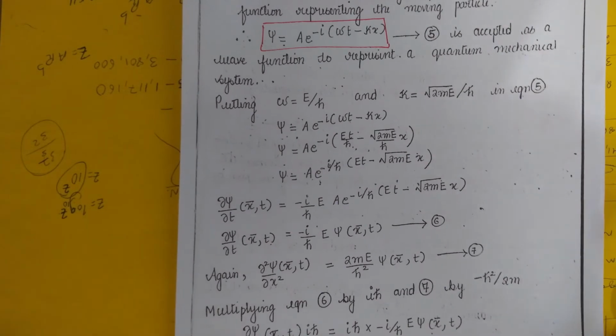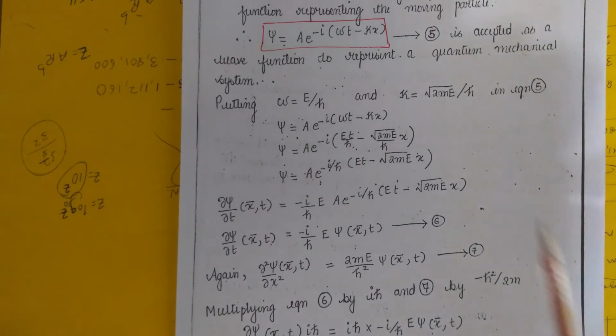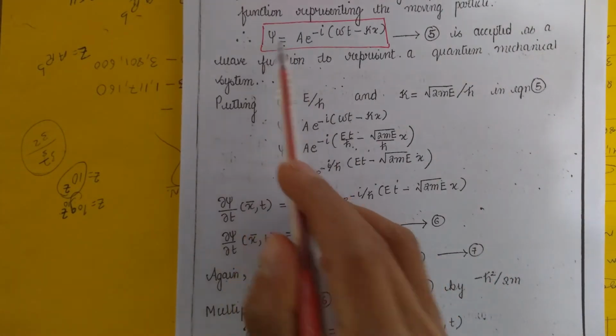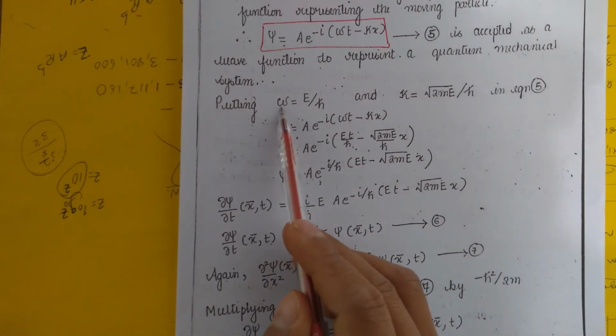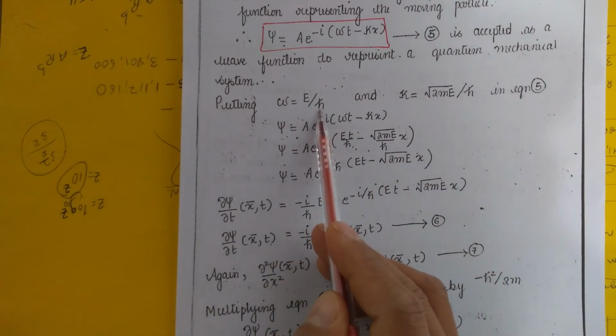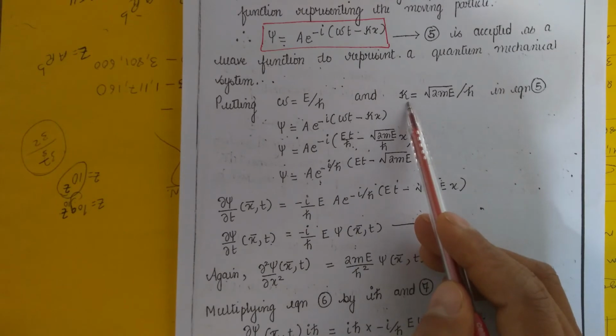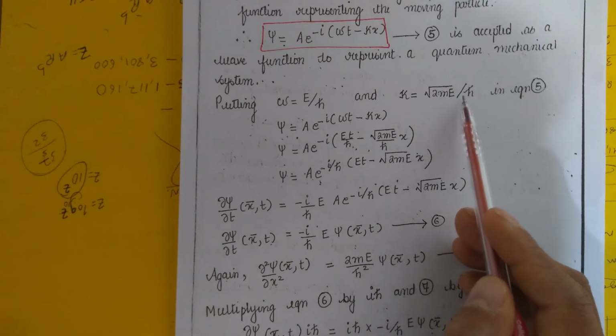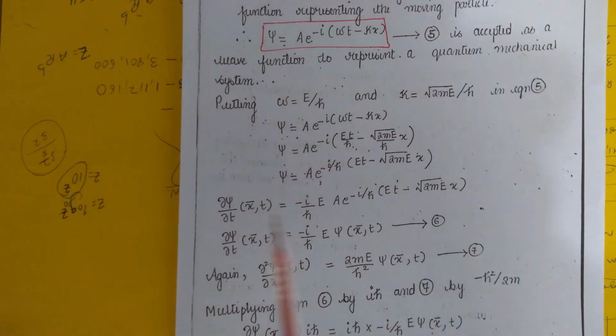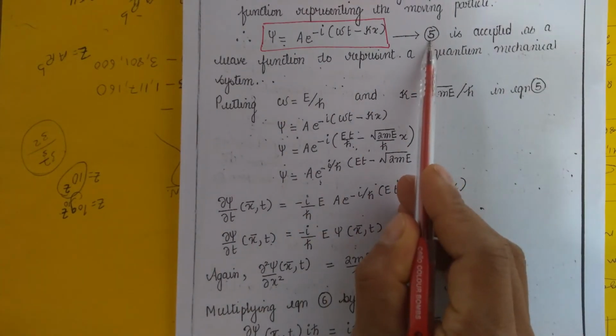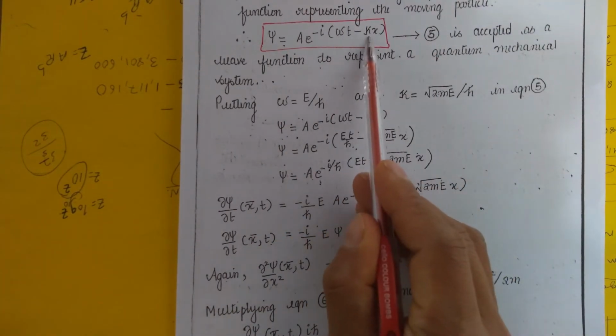Now, for finding the Schrodinger equation for this wave function, we know omega is given by energy divided by the Planck constant, and we already know k, the wave number, is root over 2mE divided by the Planck constant. In equation 5, we'll put the values of omega and k.